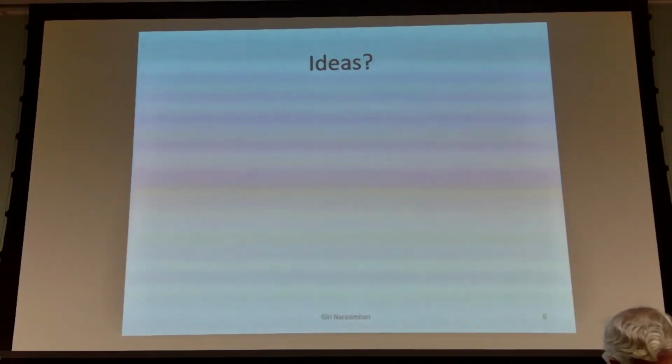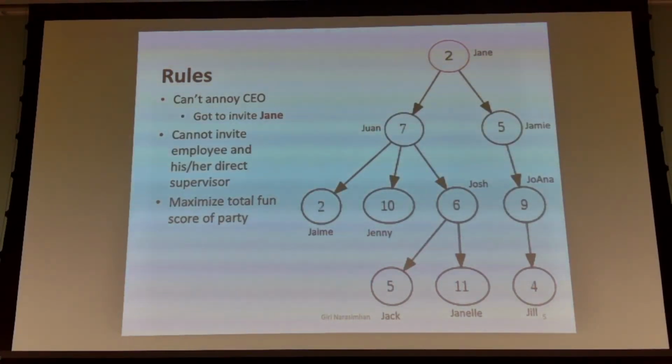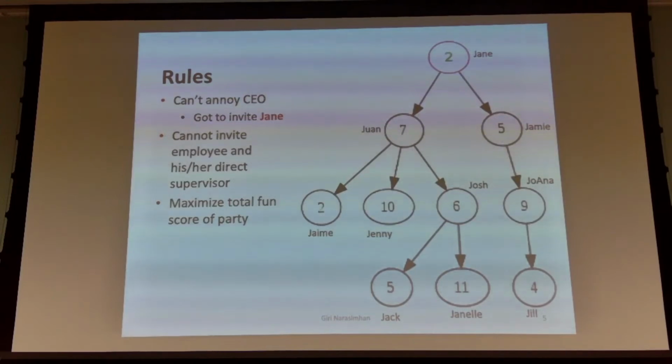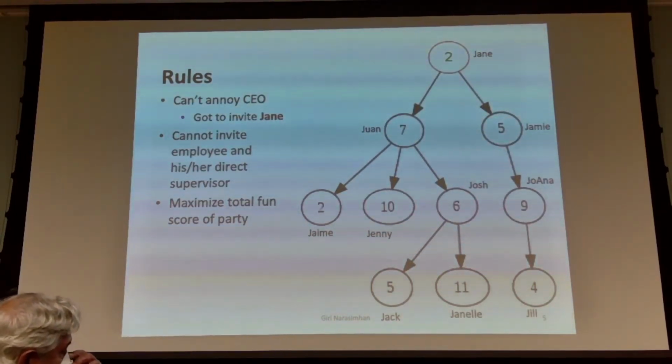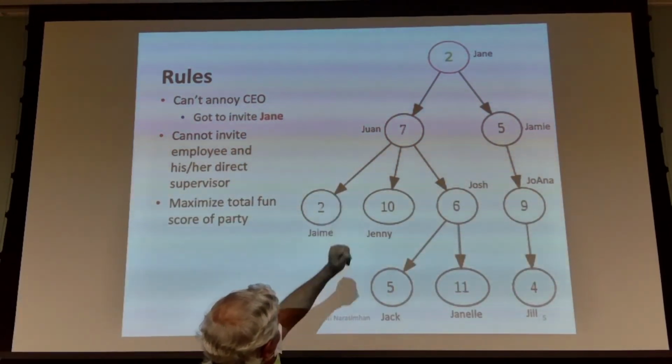Can you go back to that slide of the tree? For kind of what Rich said, I swear I'm not copying him. For every child of a node we're looking at, we do have those options. So let's say Juan.